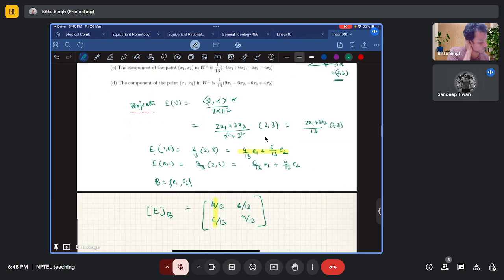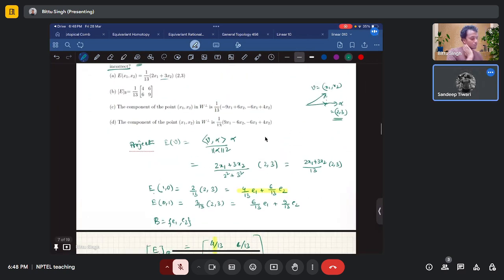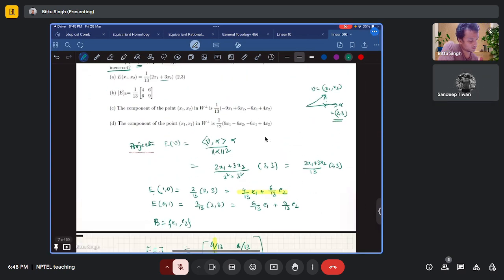The second option is correct. So we need to find the incorrect option.